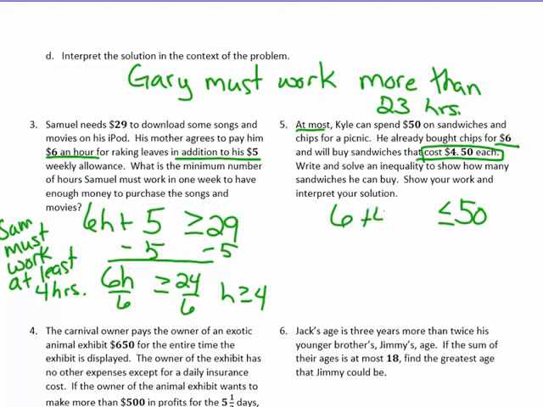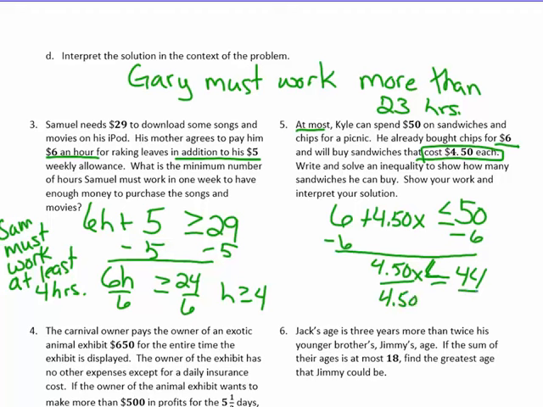So again, that's where your variable goes, and you can use something else if you don't want to use X. So minus 6, so 4.50X less than or equal to 44, divide by 4.50. It's going to give me X is less than or equal to 9.778.